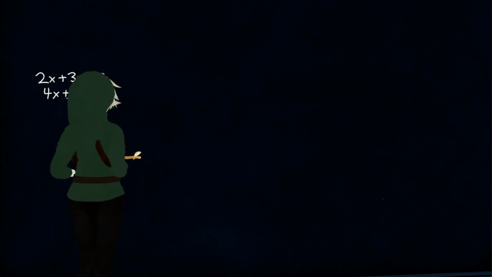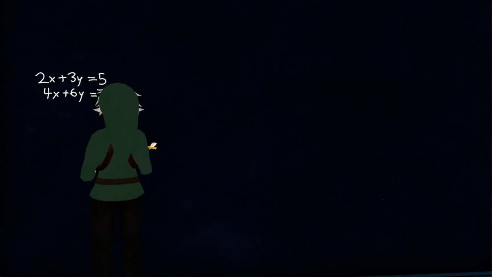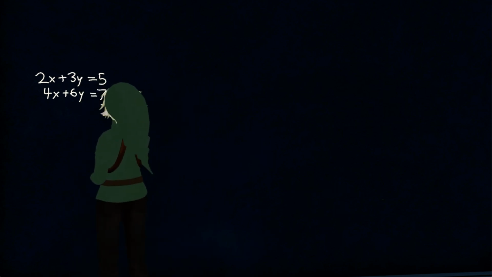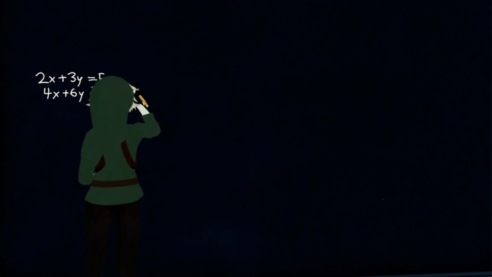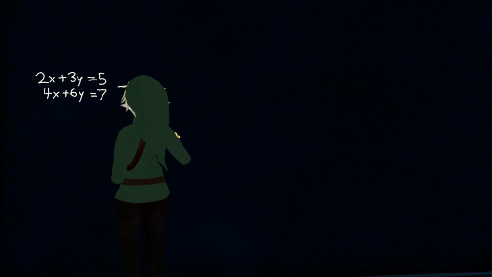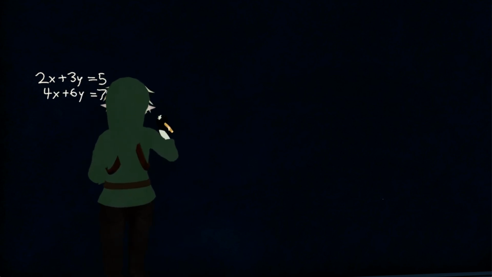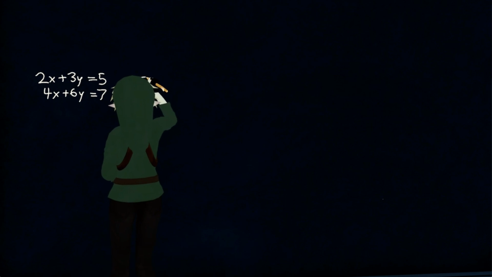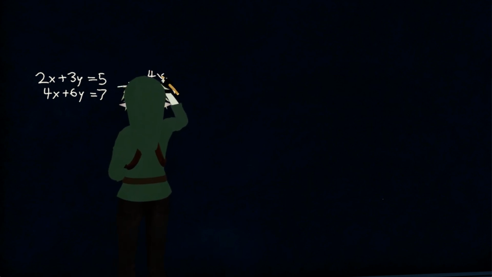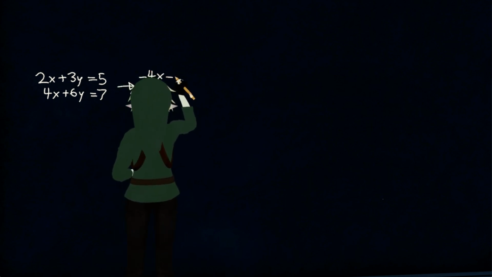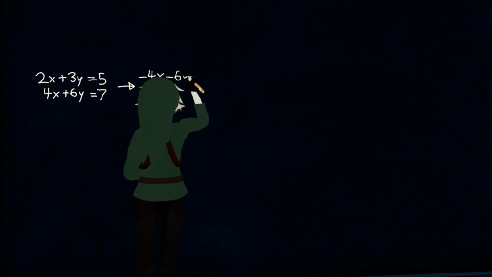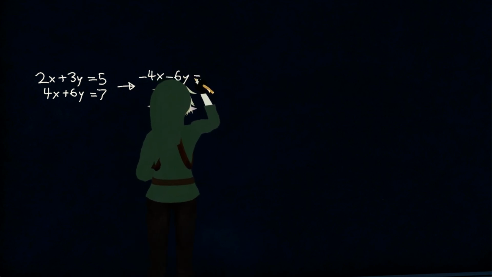So using my legal action number 1, I'm going to multiply that first equation by -2. So it'll come out as -4x minus 6y equal -10.